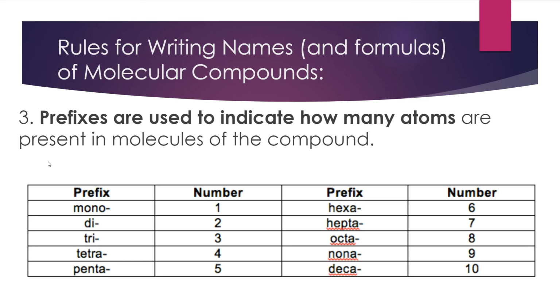Prefixes are used to indicate how many atoms are present in molecules of the compound. The prefix mono means 1, di 2, tri 3, tetra 4, penta 5, hexa 6, hepta 7, octa 8, nona 9, and deca is 10.